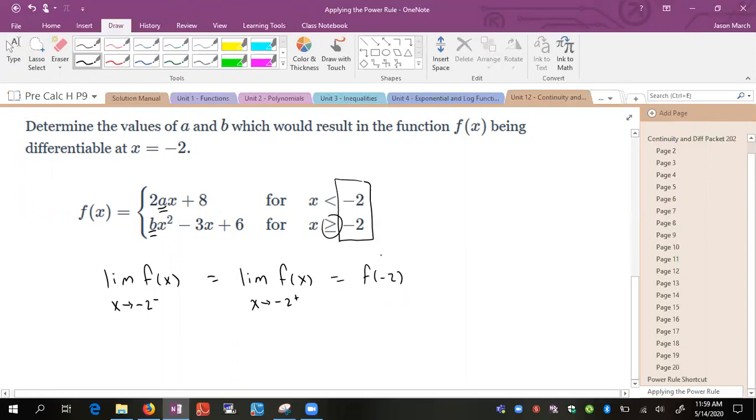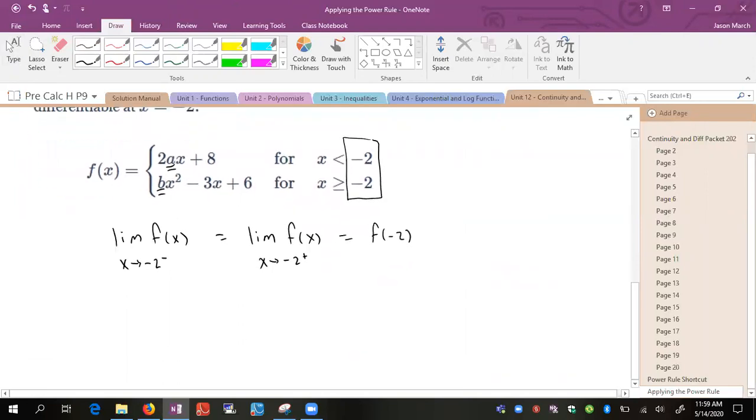Okay, so let's do the continuity aspect of it first. So we have the limit from the left is going to be 2a times x. Well, x is going to be -2 plus 8. And the limit from the right is going to be the bottom piece of the function here.